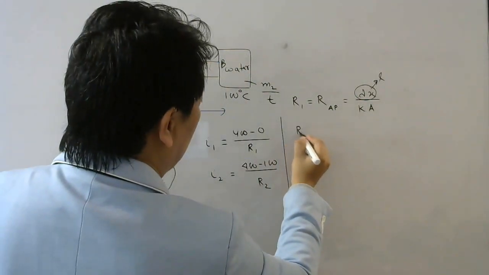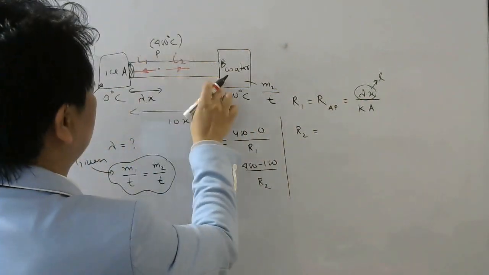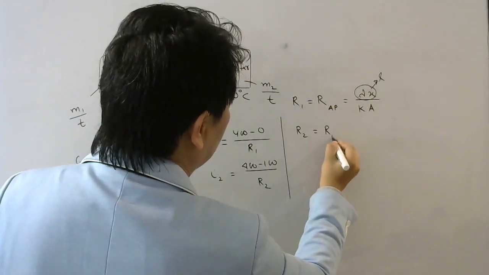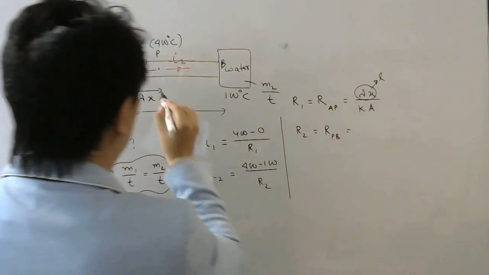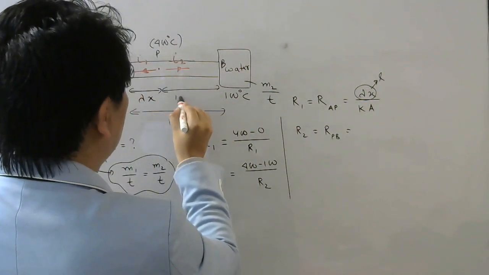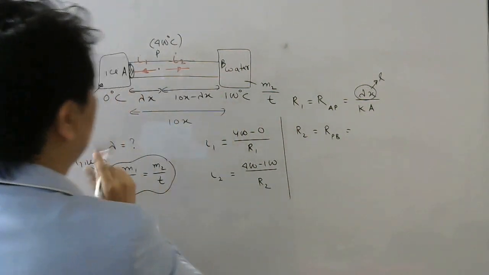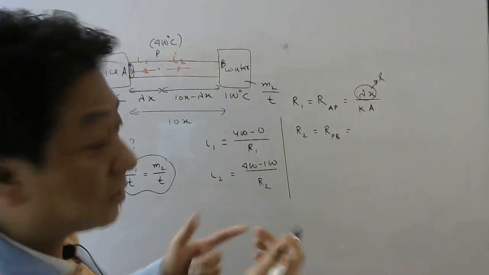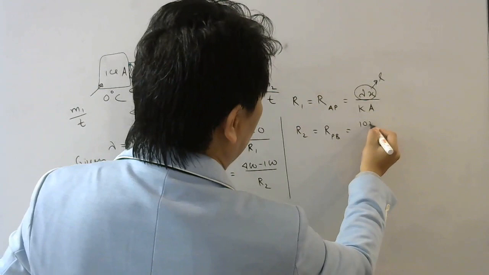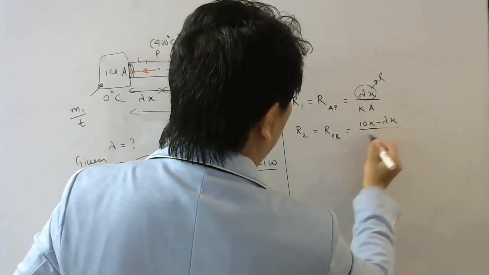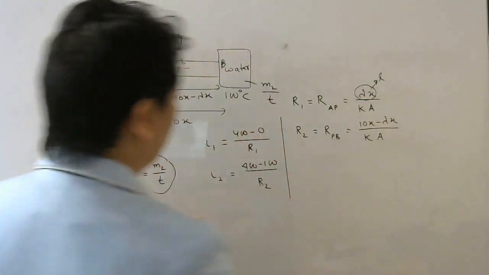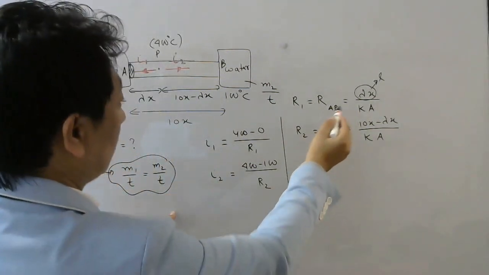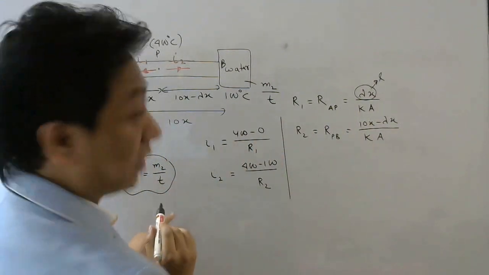What about resistance R2? That will be the resistance of this part, PB. The formula is L divided by KA. What is L for this part? This is 10x, this is lambda x, so this part will be 10x minus lambda x. So R2 is 10x minus lambda x divided by K, and the area is the same. So I can substitute that here.